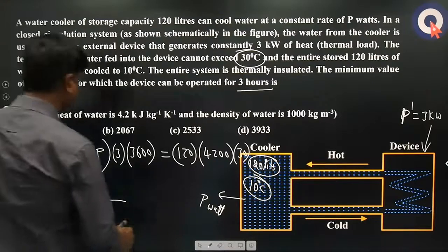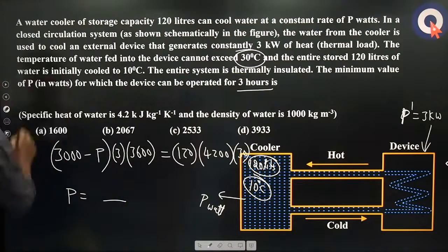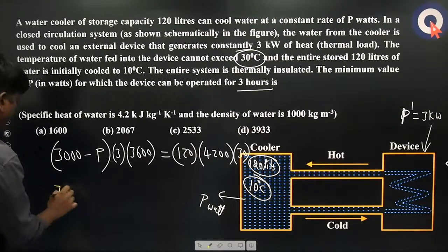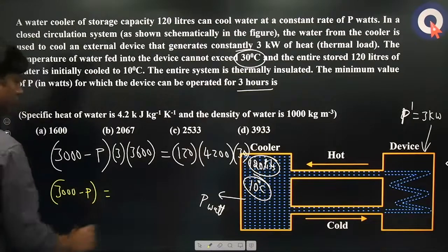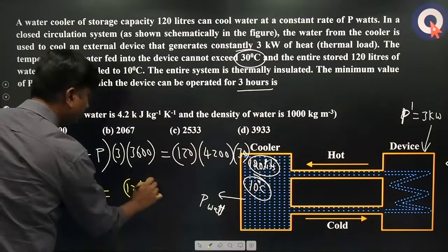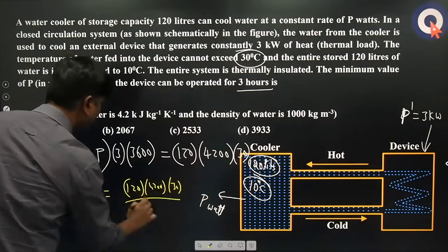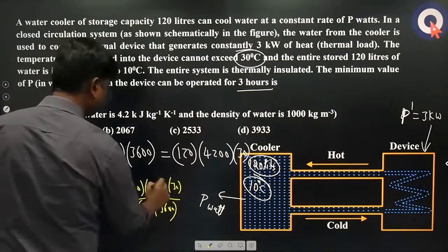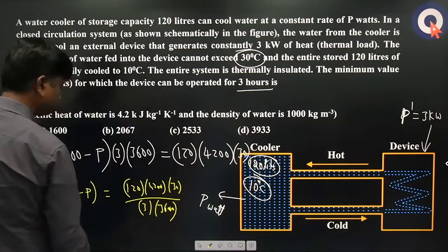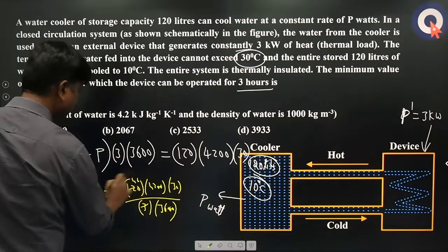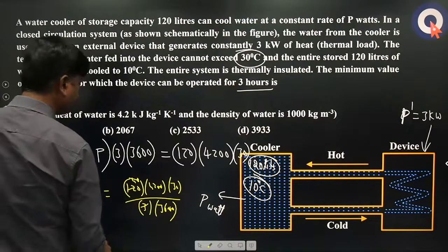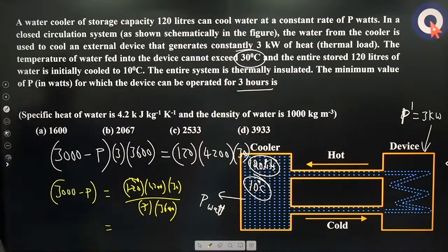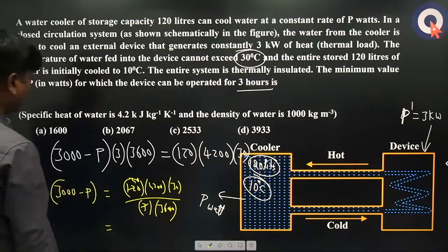So you will be getting the answer like 3000 minus P is equal to 120, so it will definitely be less than 3000.